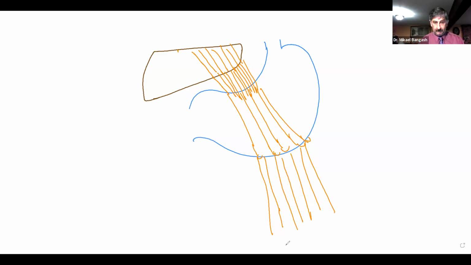Now, ultimately, what this peritoneum here is going to do is make its turn back. When I say peritoneum, it includes both parietal and visceral peritoneum. And then it goes back like this.